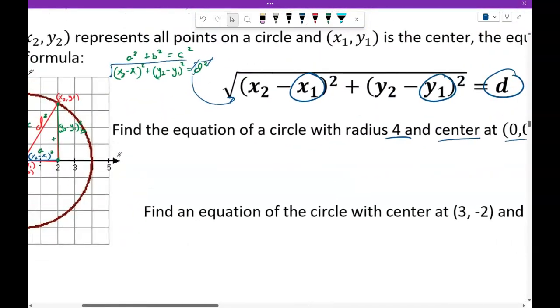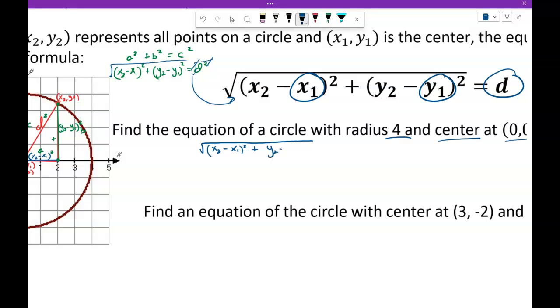So we take our distance formula, the square root of x2 minus x1 squared plus y2 minus y1 squared, equals distance. Now x2 and y2 are going to be any given point on our circle, so it represents all the points on our circle.